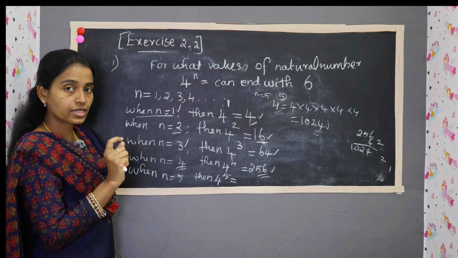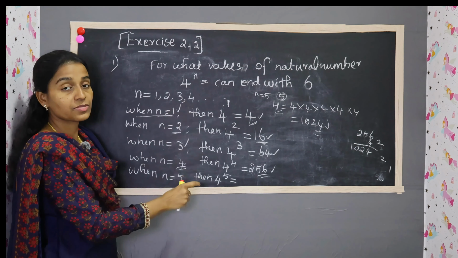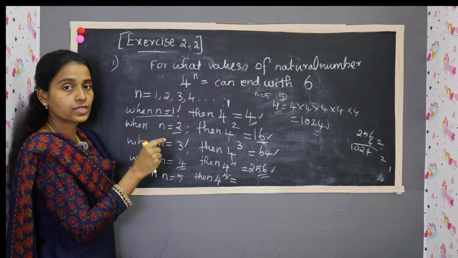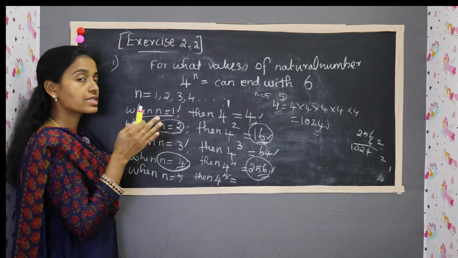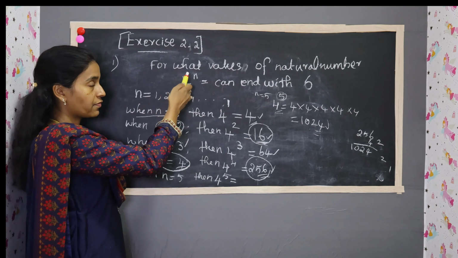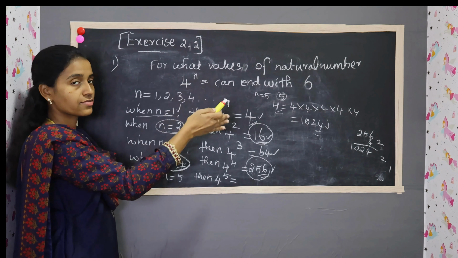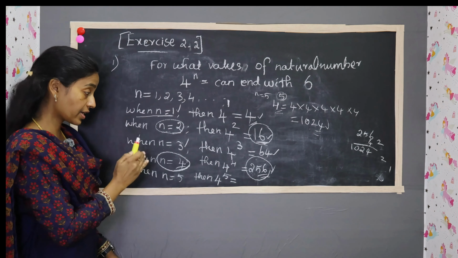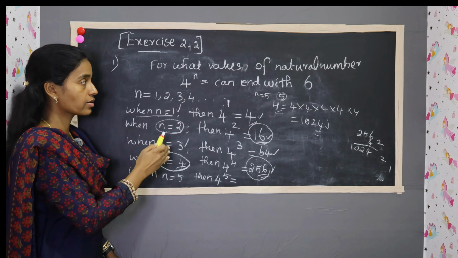We are concentrating only on the steps which end with 6, like 16 and 256. In both steps, n values are even numbers. So when n is even, 4 power n can end with 6. When n is odd, 4 power n ends with 4.